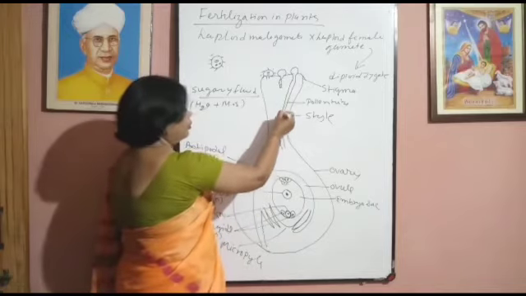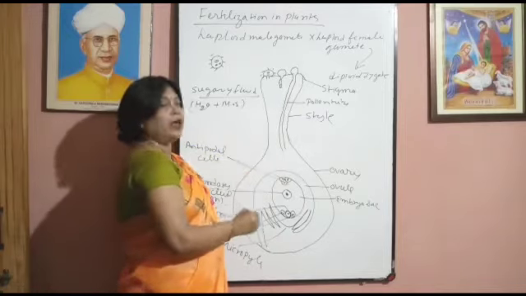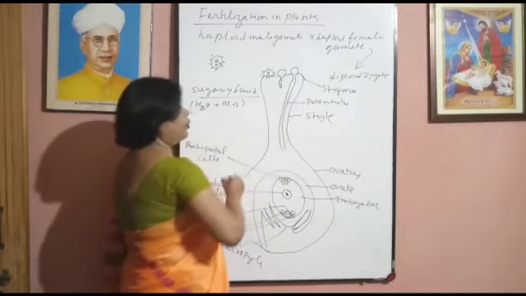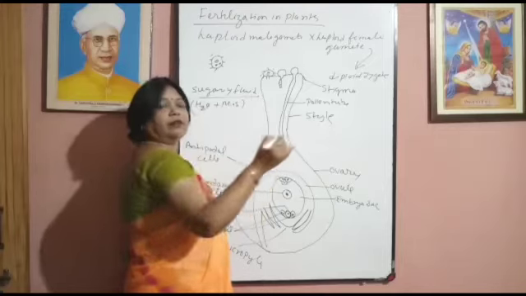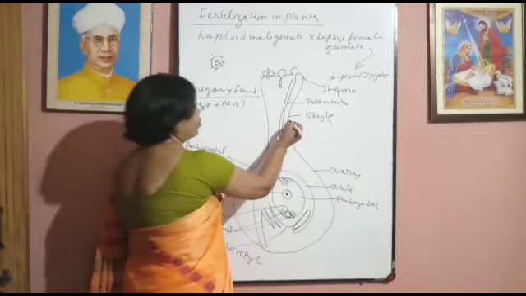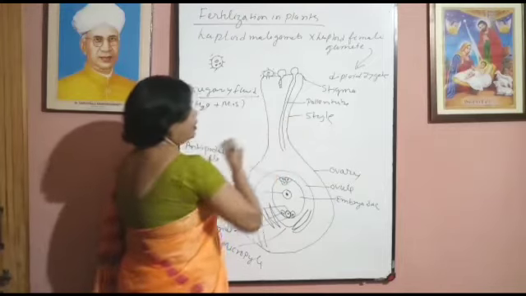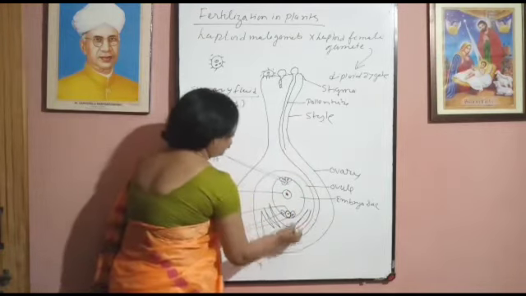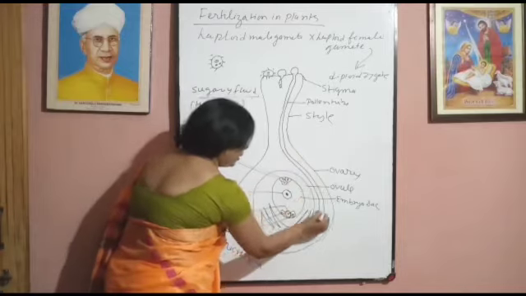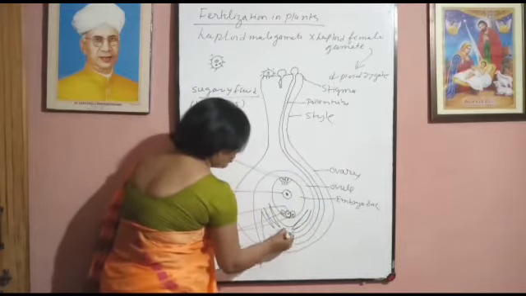This pollen tube grows in length according to the length of the style, by getting nutrition from the wall of the style, and enters into the ovary and reaches near the micropyle.